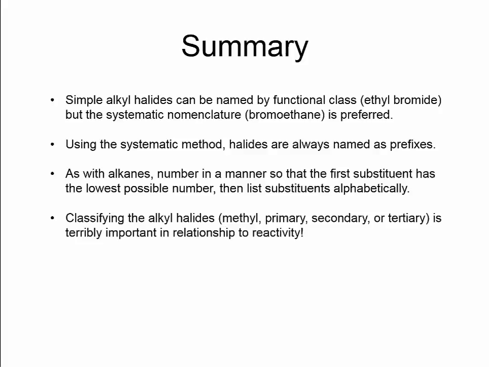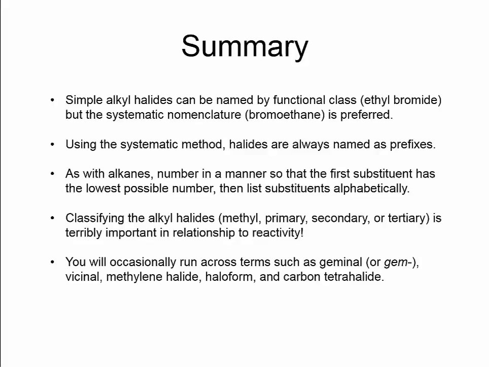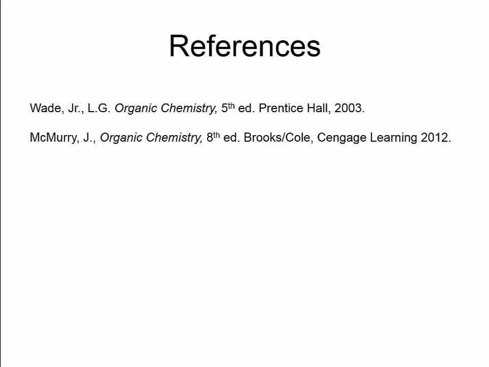It's important when thinking about the reactivity of alkyl halides to recognize whether you are using methyl, primary, secondary, or tertiary alkyl halides. And occasionally you'll run across terms such as a geminal or vicinal dihalide, or something like methylene chloride, chloroform, or carbon tetrachloride. I used two organic chemistry textbooks as I prepared this lecture.